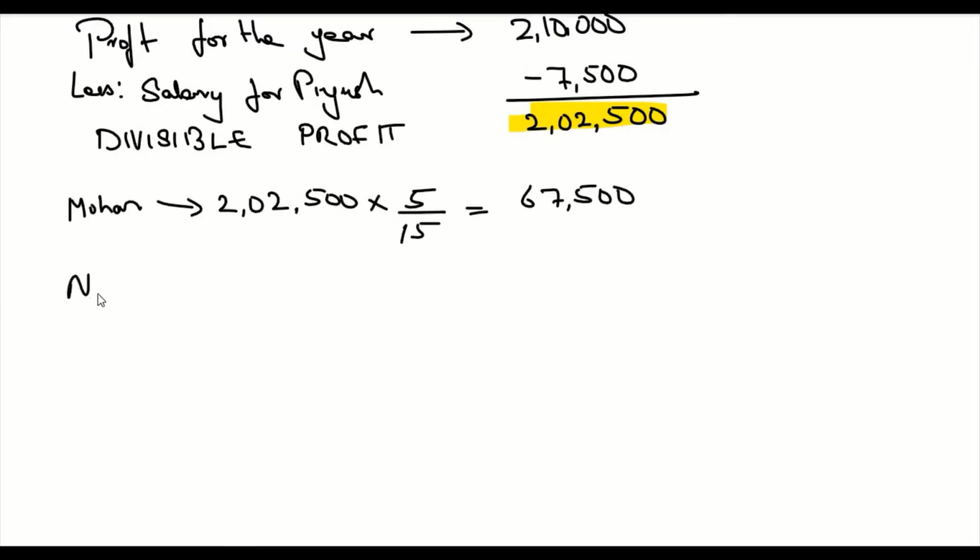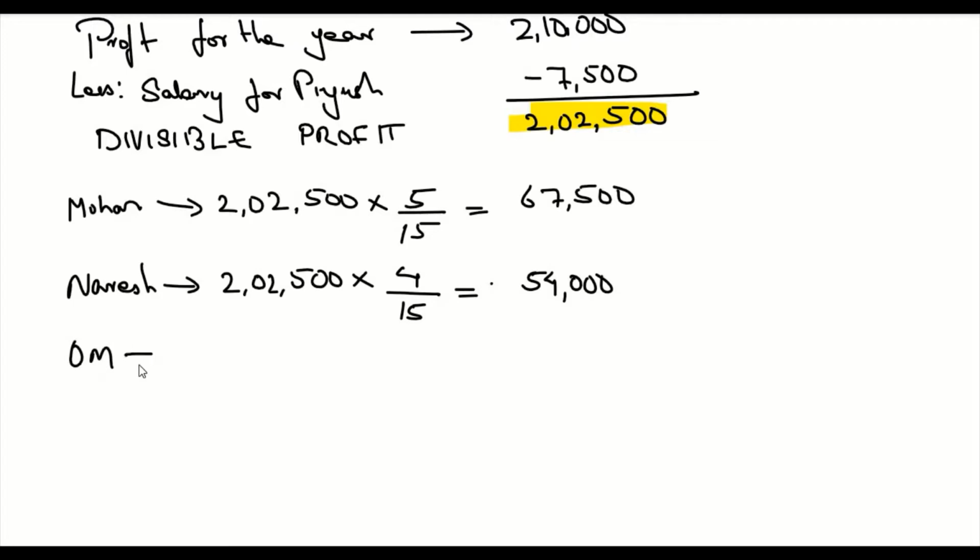Then we have Naresh, 2,02,500 into his share of profit, which is 4 by 15, that is equal to 54,000. Then we have Om, his share of profit 2,02,500 multiplied by 4 by 15, that is equal to 54,000.